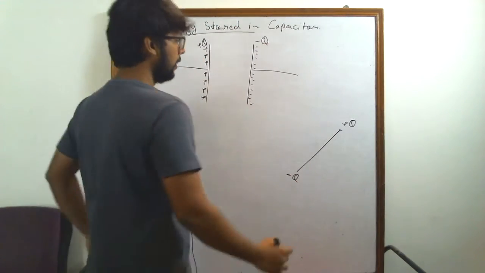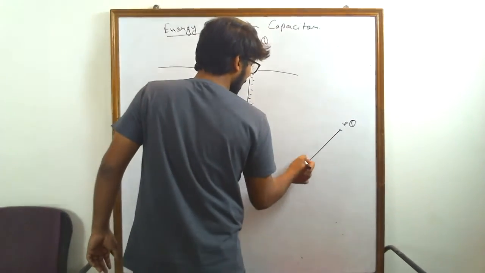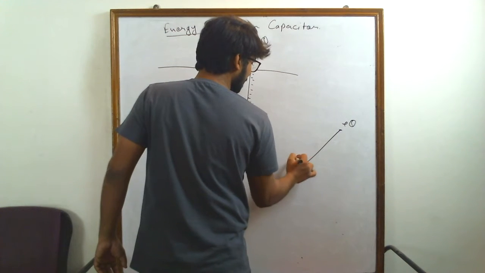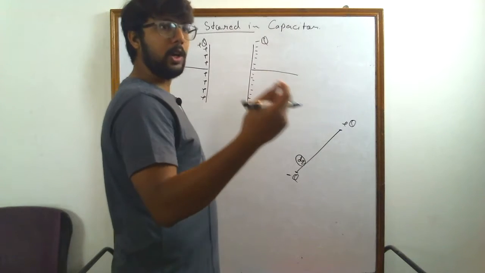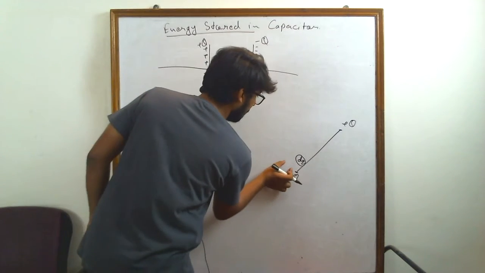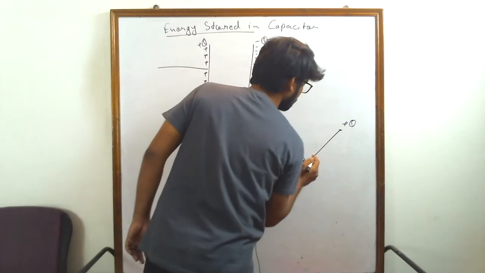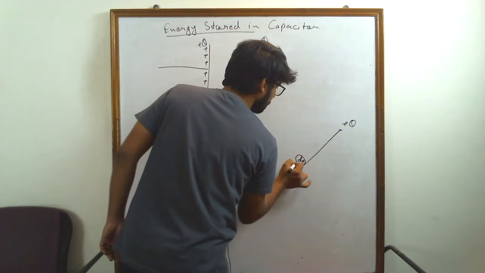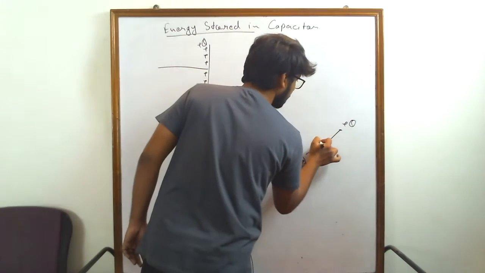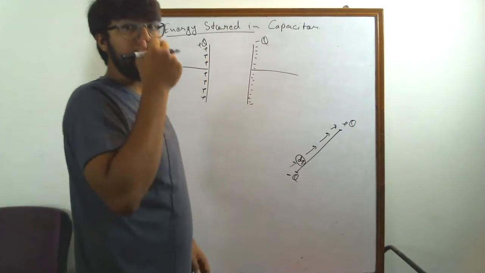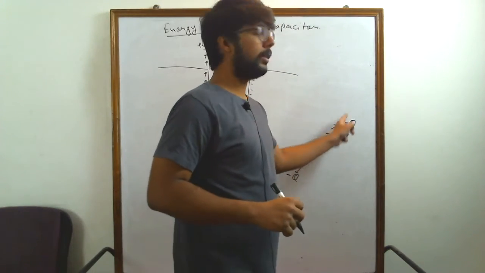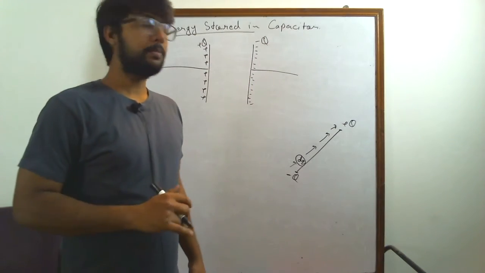Okay, this is a hill where I want to go and I want to take a small charge dq from minus Q to plus Q. What's gonna happen? I will have to push, and push, so that eventually it reaches this point. Correct?